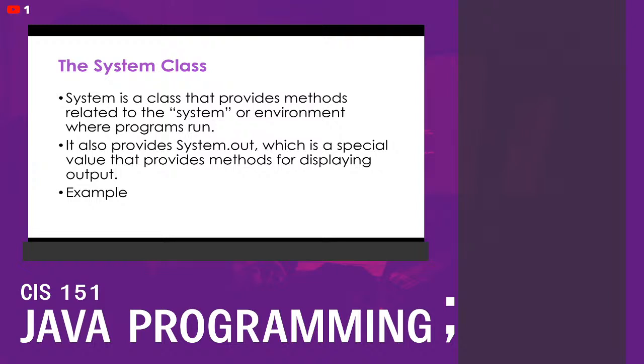But System is a class that provides methods related to the system. And when we're talking about a system here, we're talking about the environment on which the program runs. Which would make a lot of sense. Oftentimes we'll call our computers our computer system or a video game system, one of these electronic things that we can consider a computer, an electronic element that takes in data, processes it, and gives us an output.